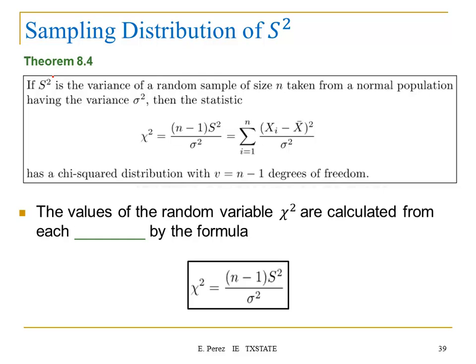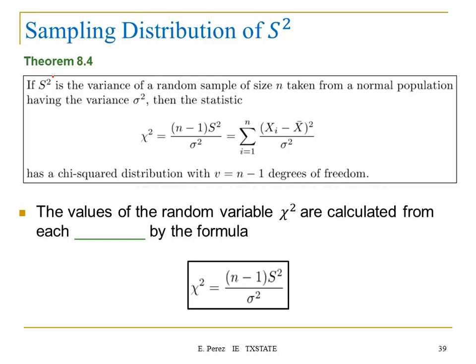Based on this theorem, if s squared is the variance of the random sample of size n taken from a normal population having the variance sigma squared, then this statistic called chi-square equals n minus 1 times the sample variance divided by the population variance, and has a chi-square distribution with n minus 1 degrees of freedom.